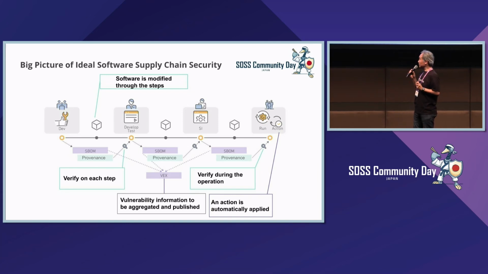Supply chain security is, in short, in my opinion, that we can verify what the software is, what components are included in it, what process was applied by whom, and which route the software went through.